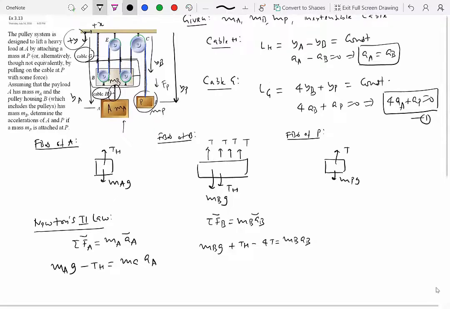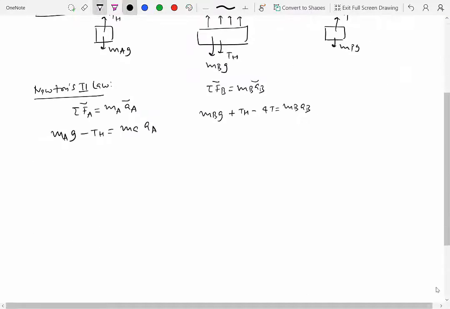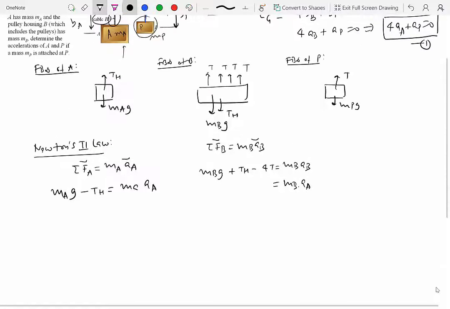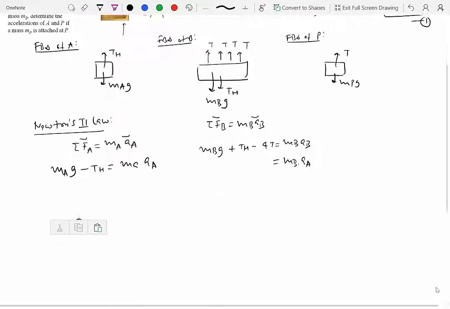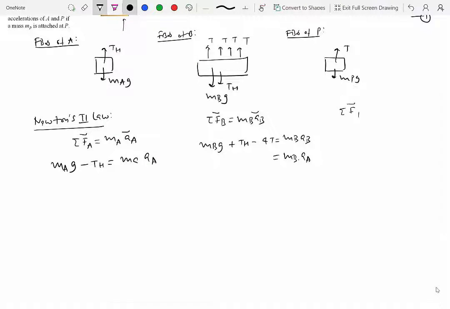And acceleration of B is the same as acceleration of A, so I'm just going to write this as MB times acceleration of A. And for free body P, I have sigma F_P equal to MP acceleration of P, and that is MPG minus T equal to MP AP, right? So that's equation 2, equation 3, equation 4.